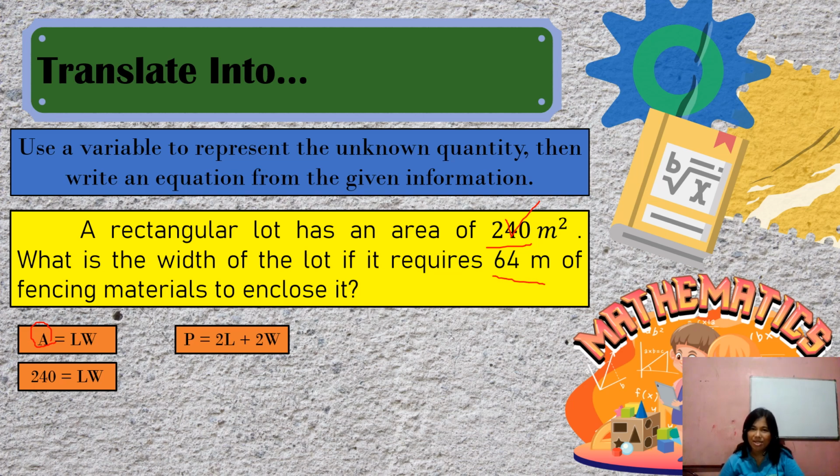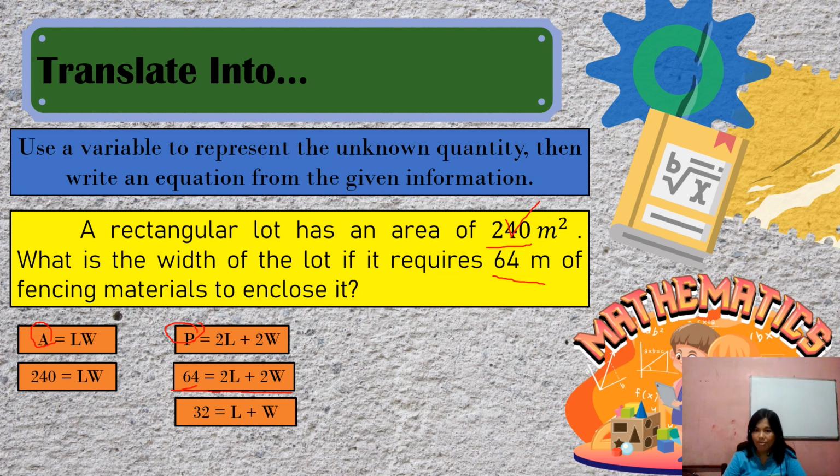Just like what we did with the first problem, we will substitute P with 64, so it will become 64 equals 2L plus 2W. This is still reducible, so we'll reduce it by 2, and this will become 32 equals L plus W.